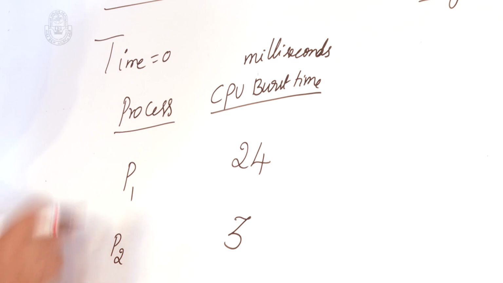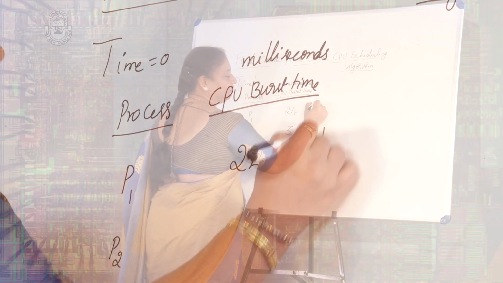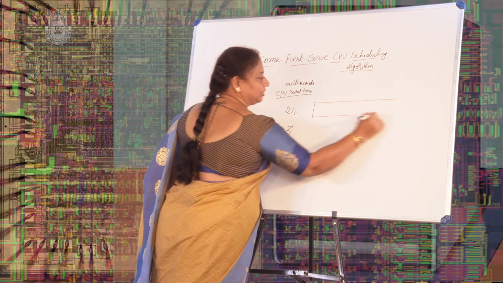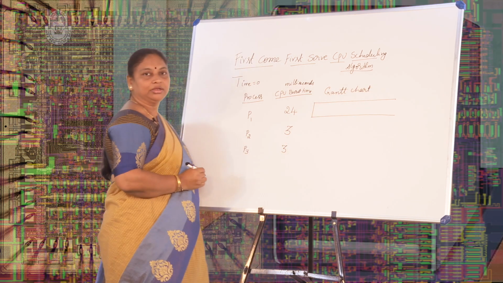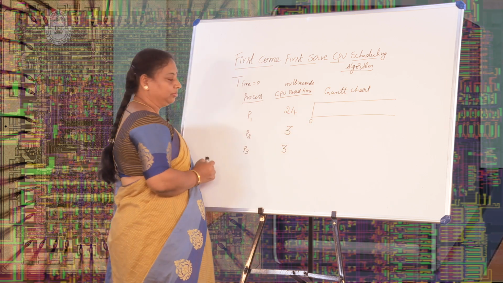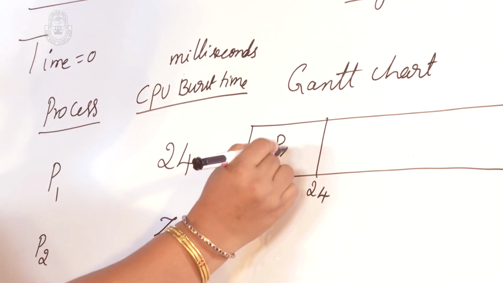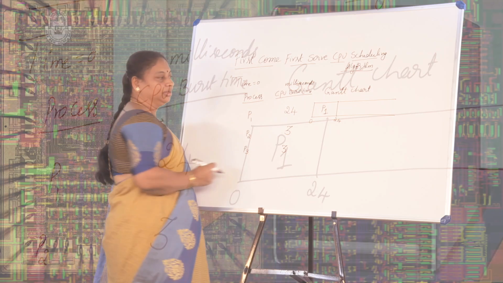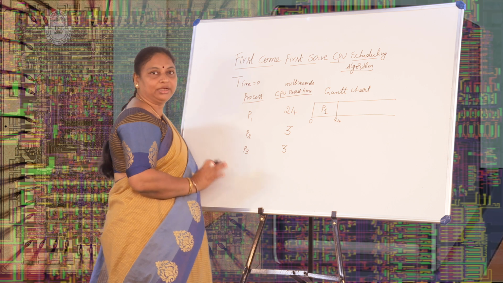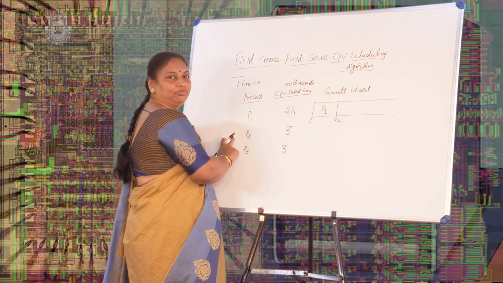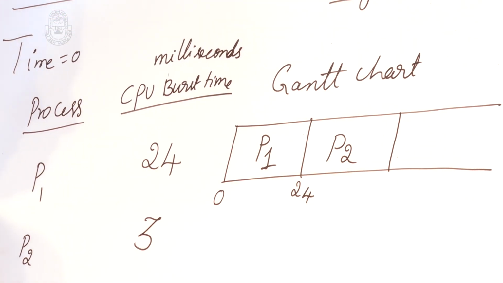Now, when we are using the first come first serve CPU scheduling algorithm, if we illustrate it using a Gantt chart, then from time 0 to time 24, process P1 will be executed, and at time 24 P1 execution will be terminated. Next, the CPU will take up P2, which has already entered the system.